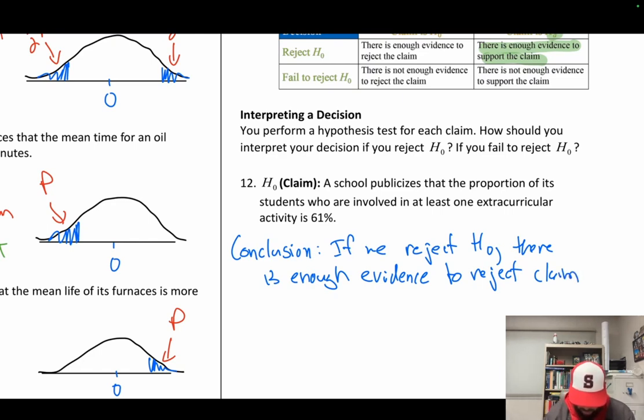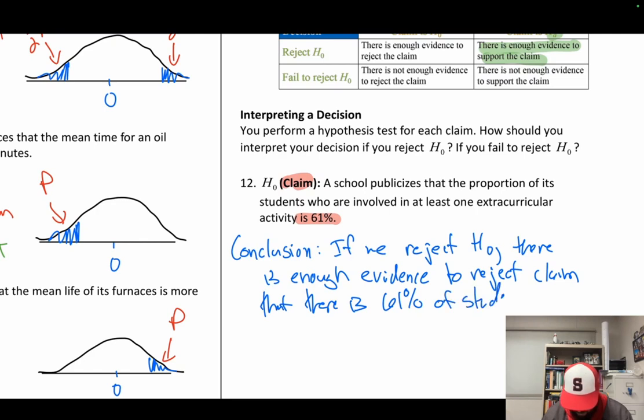And remember, our claim was that 61% of students are in at least one extracurricular activity.